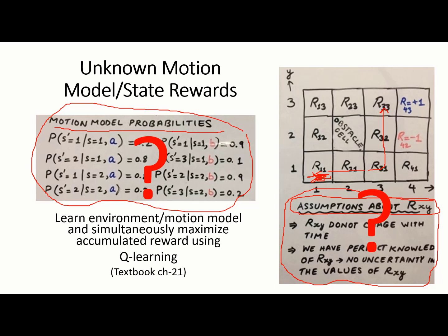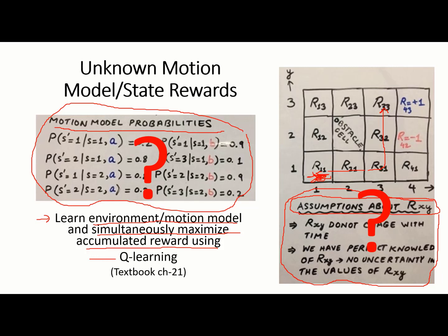The challenge is that we need to learn the environment model as well as the robot motion model simultaneously as we maximize the accumulated reward. While we try to learn the optimal policy and maximize the accumulated reward, we need to simultaneously learn about the environment model as well as the robot motion model.